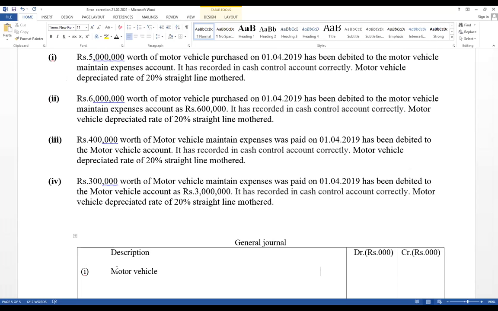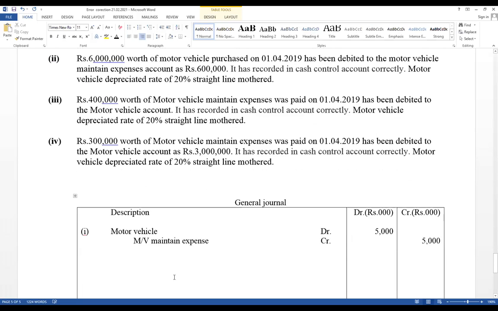Motor vehicle account debit, value equal 5,000, as well as not affecting suspense. Motor vehicle maintenance expense account credit, value equal 5,000. If an incorrect value is recorded, it affects suspense also.